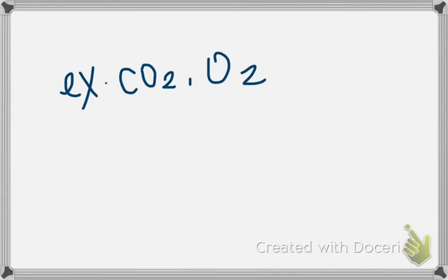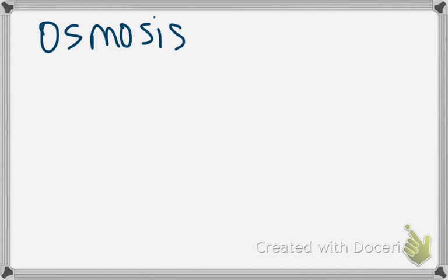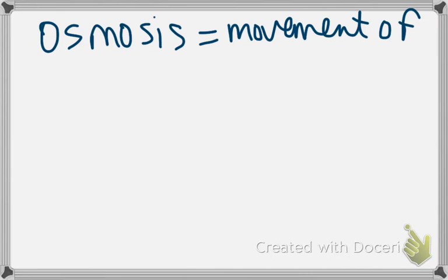Alright, our next one, osmosis. Go ahead and highlight that this is movement of water. It only moves water. That's it. So osmosis is the diffusion of water. So osmosis is a type of diffusion.